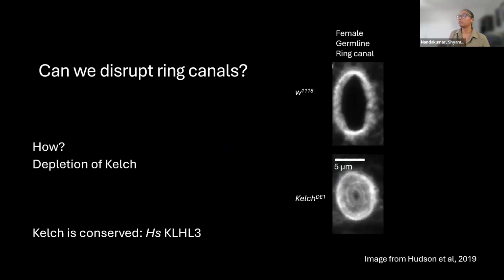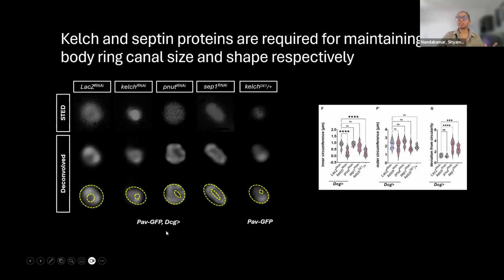So I'm showing you an example of a mutant of Kelch, which is an E3 ligase that's bound to the cytoskeleton and is required, at least in the Drosophila germline, to maintain the openness of ring canals. And so I did a fat body specific knockdown of Kelch, as well as other septin proteins.